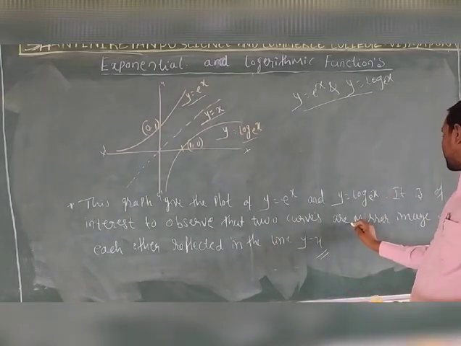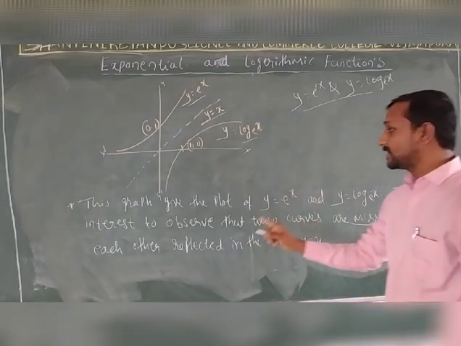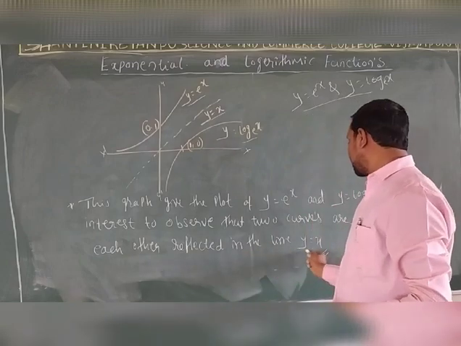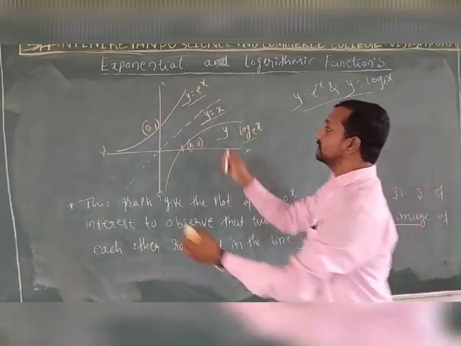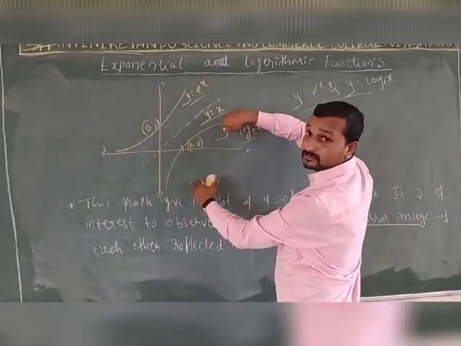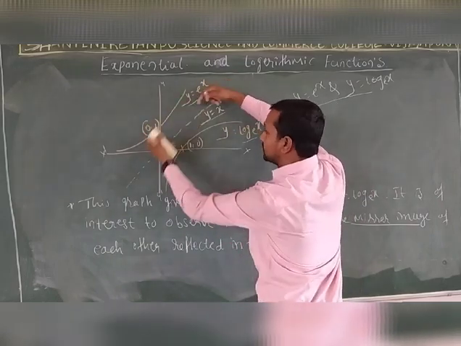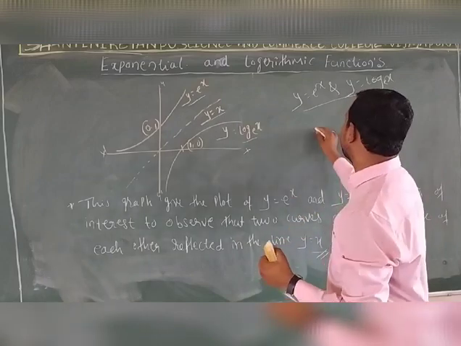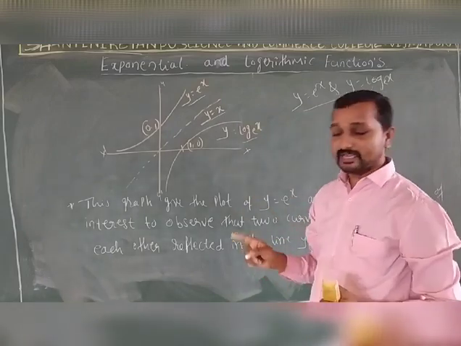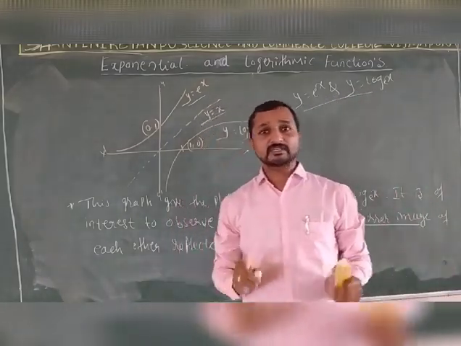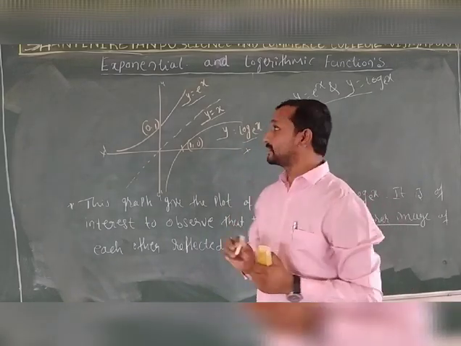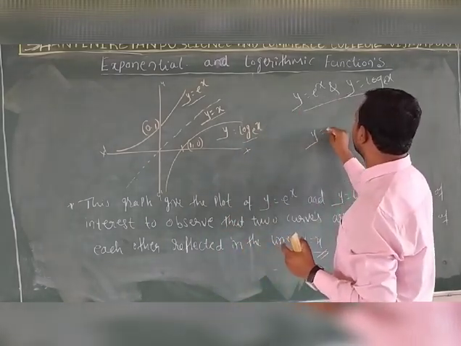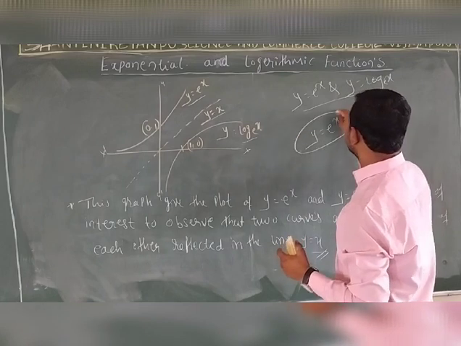They are mirror images of each other reflected in the line y is equal to x. This is 0, 1, y equal to e raised to x; this is 1, 0, y equal to log x. That's why I say that the exponential and logarithmic functions are inverse to each other.